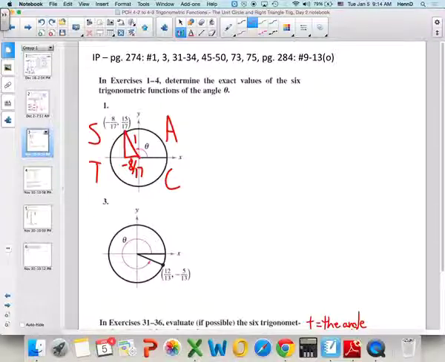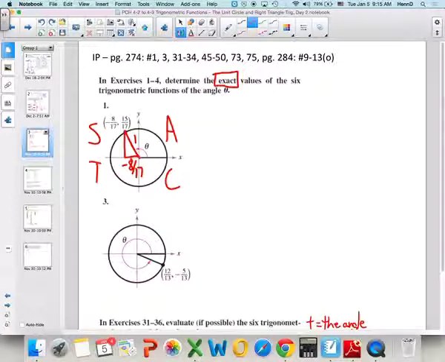The other thing I will mention, this is something that you'll see in the directions a lot. They'll say either the exact angle or exact values of trig functions. Whenever they're talking about exact, if they're talking about trig functions like this, they're saying leave it in radical form.